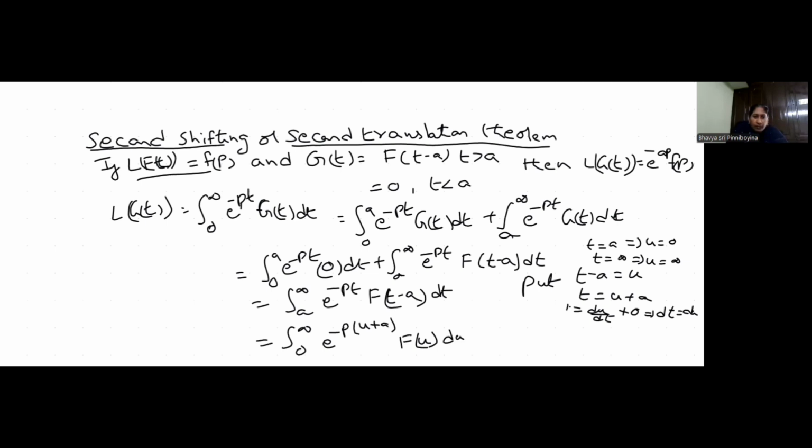Then we can split the integration: integral 0 to infinity e power minus p into u plus a. When bases are multiplied, we can split the power, so we get e power minus pu into e power minus pa into f of u du.